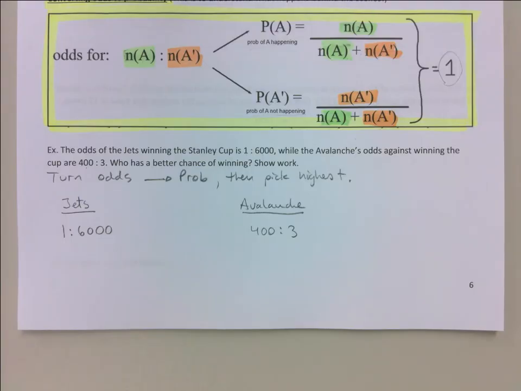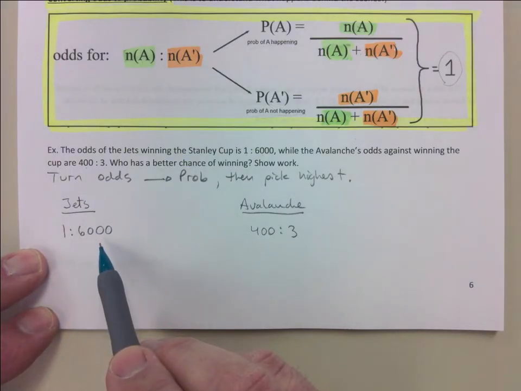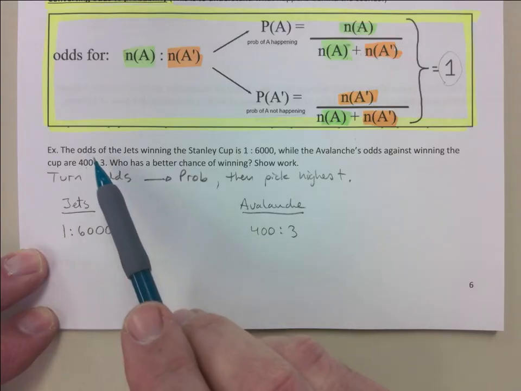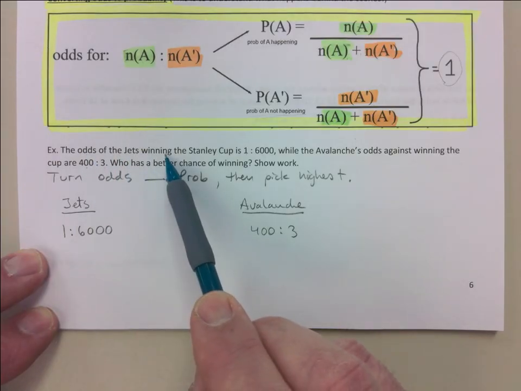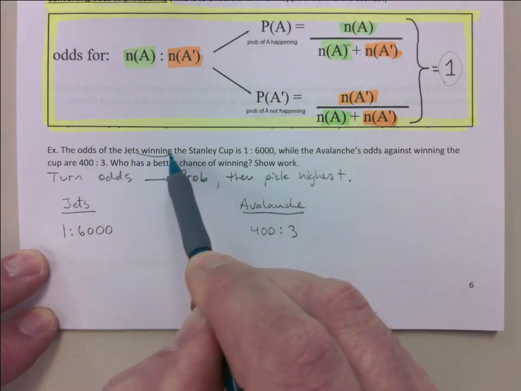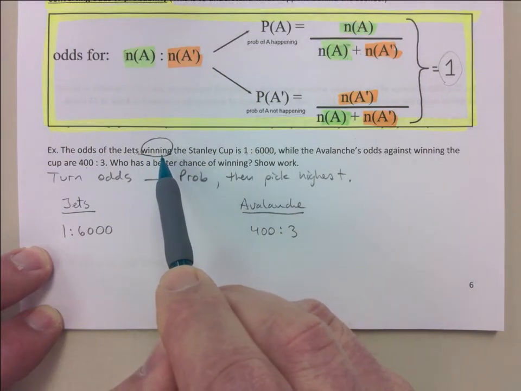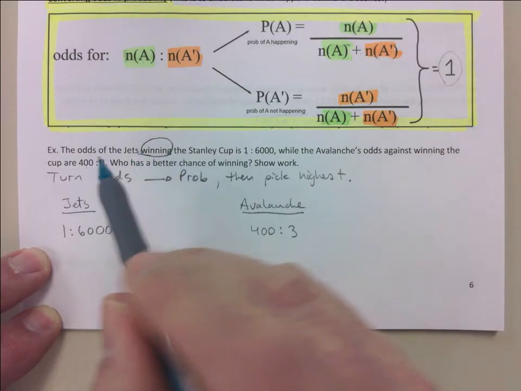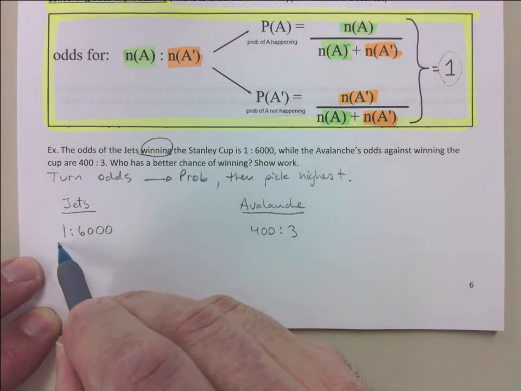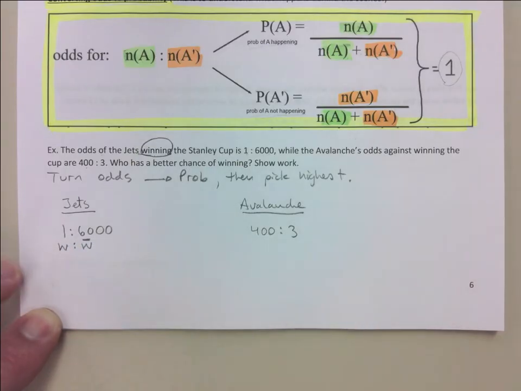But the numbers I have right now are somewhat useless. What do these numbers represent? Read the question. The odds of the Jets winning is 1 to 6,000. Winning is the actual event that we're talking about. So because it says of winning, we know that this is W and this is not winning.